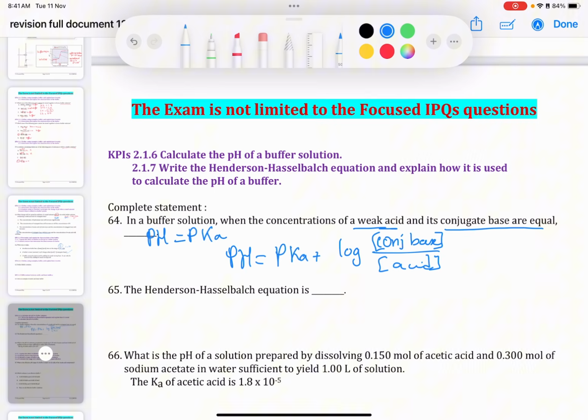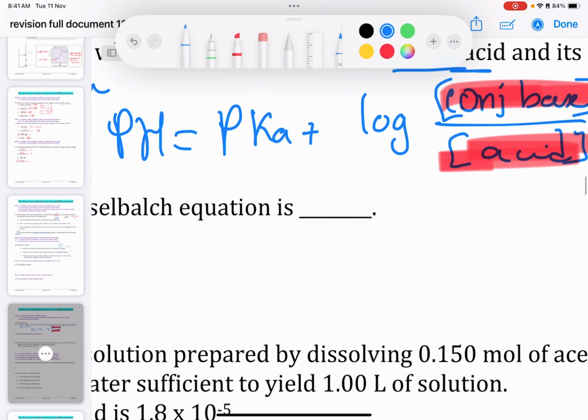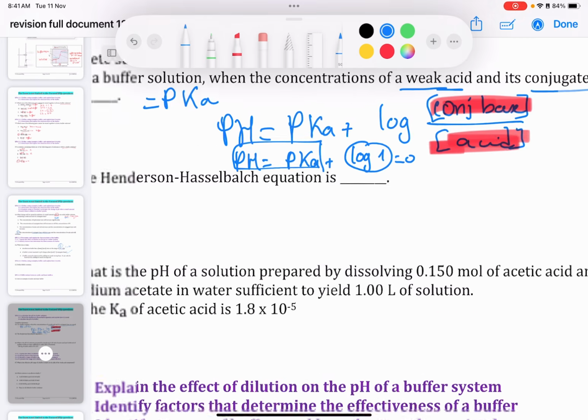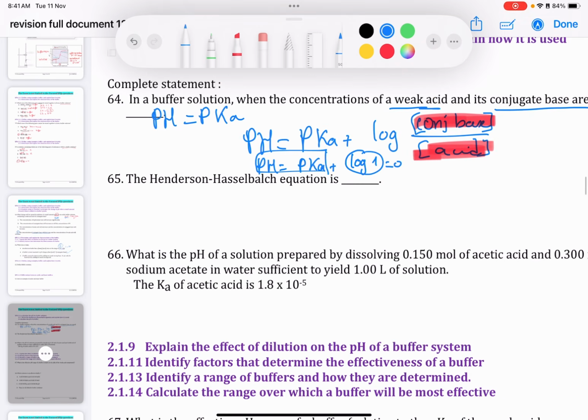So if these two concentrations are equal, it means we are dealing with log 1. So pH equals pKa plus log 1. And log 1 equals 0. That is why the pH equals the pKa. And we only have this at half equivalence point.